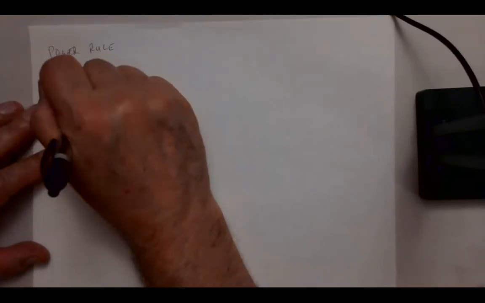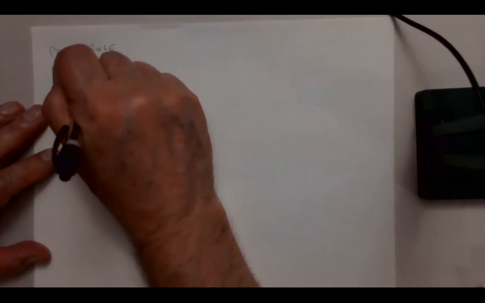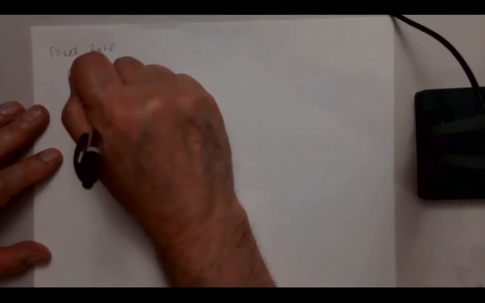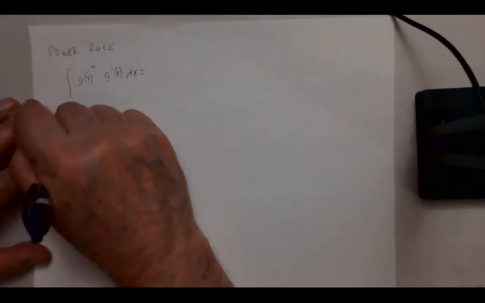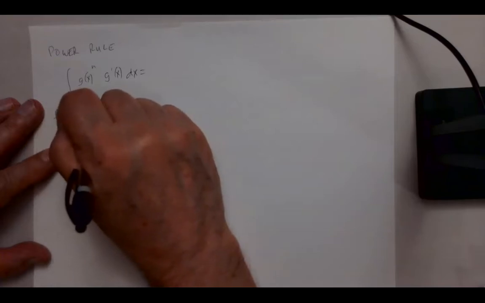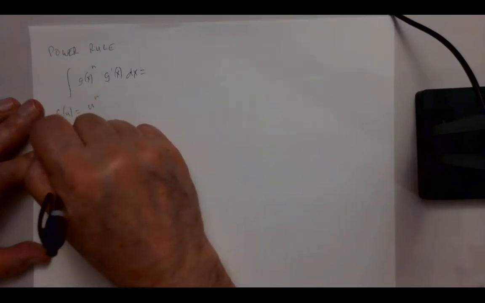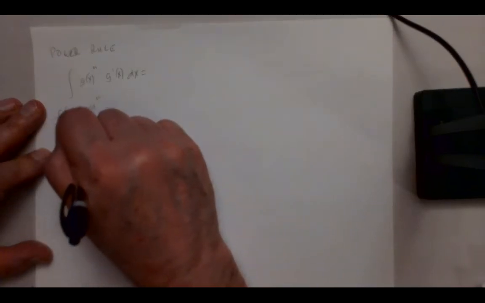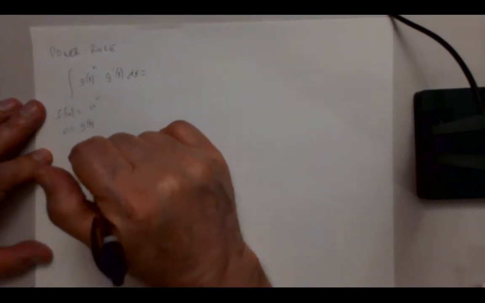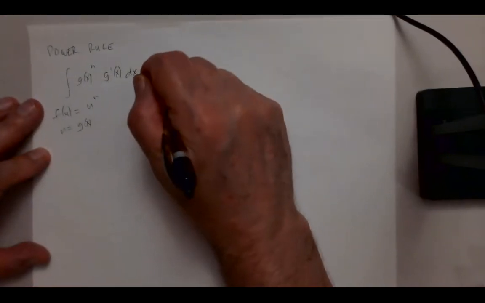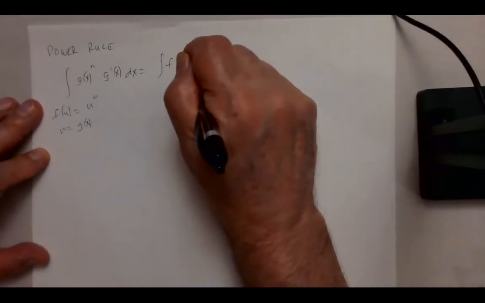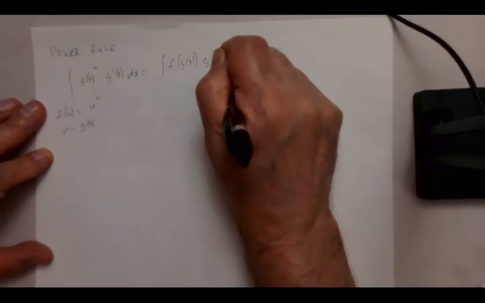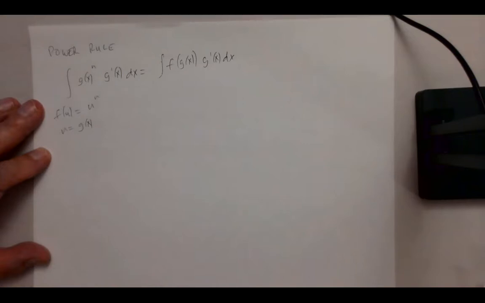The integral of a function raised to the nth power times its derivative is equal to what? So if we let f of u be u to the n and u be equal to g of x, then this is the integral of f of g of x times g prime of x dx, exactly.